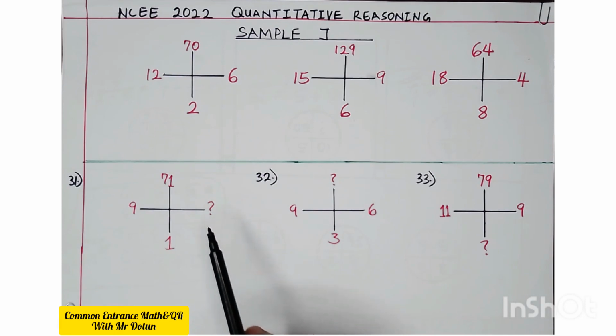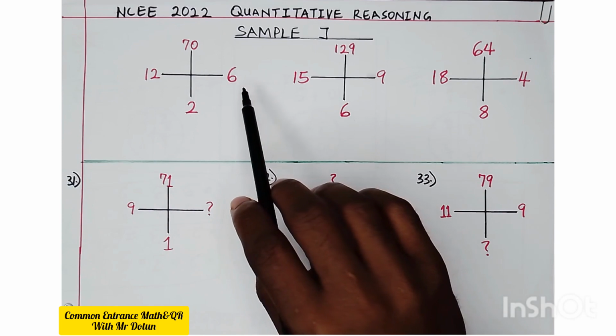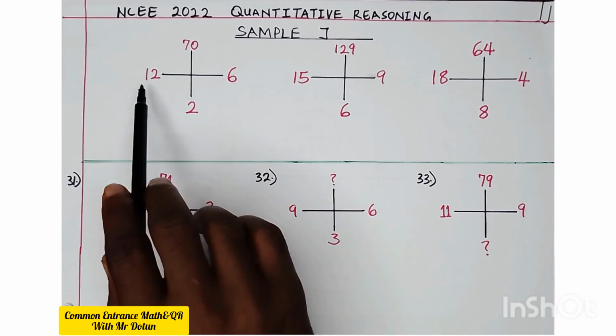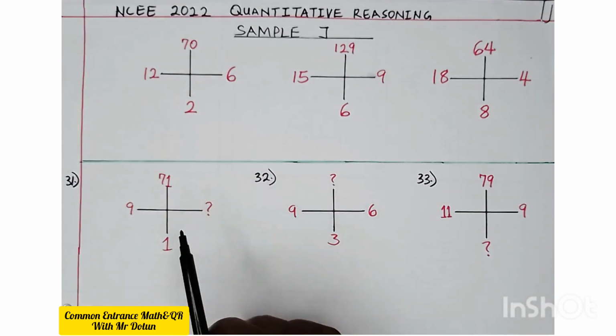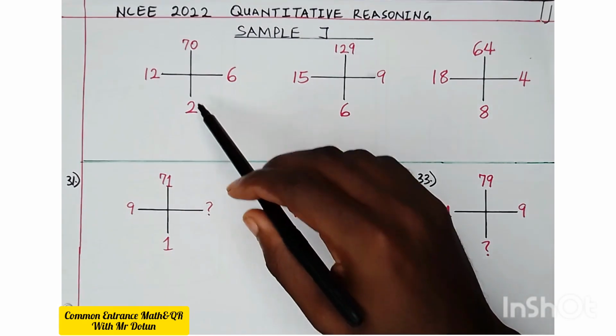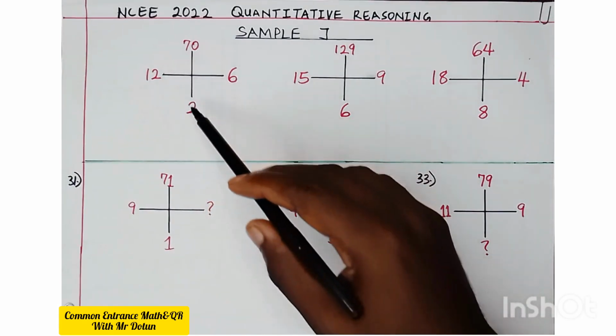Remember we said that when you have a cross, usually you could have the horizontal line working together and vertical working together, or you could also have it diagonally, or like this.